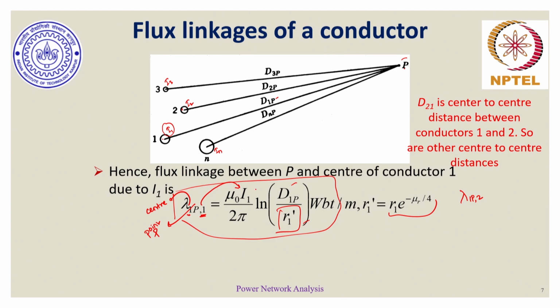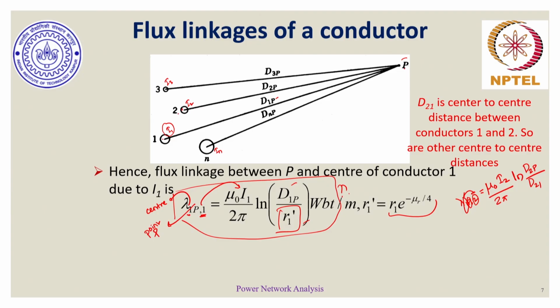Going by the same expression, lambda 1p comma 2 would be mu naught I2 by 2 pi natural log of the distance between point P and the responsible current I2, so D2P, divided by the distance between the first conductor and the second current I2, so D21.